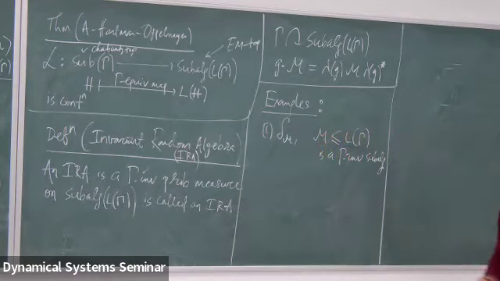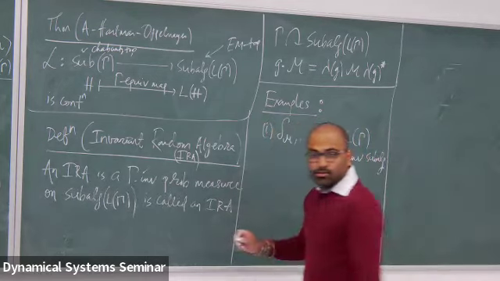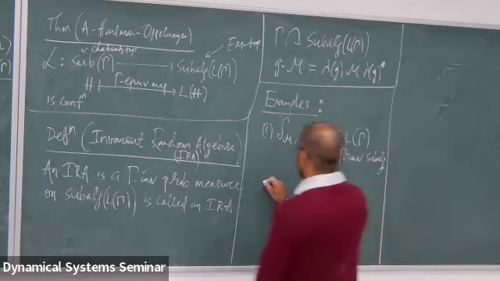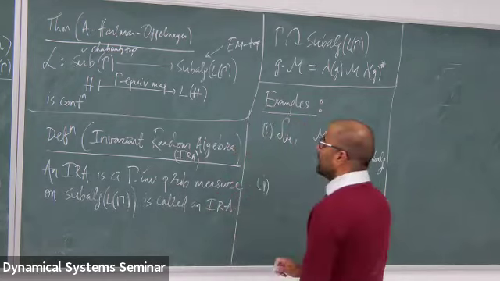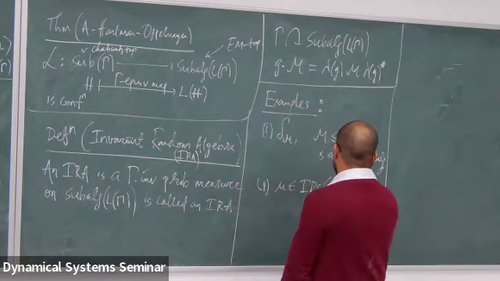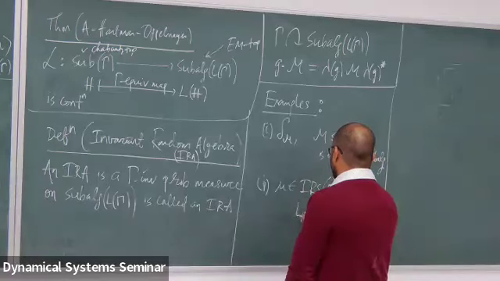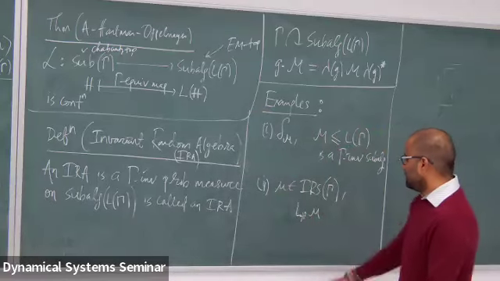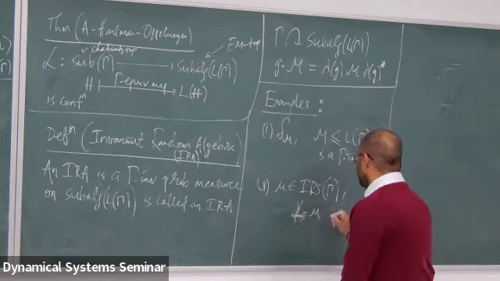Then this is an example of an IRA. And the second thing I can do is I can take an IRS and push it forward via this map L to get an IRA.